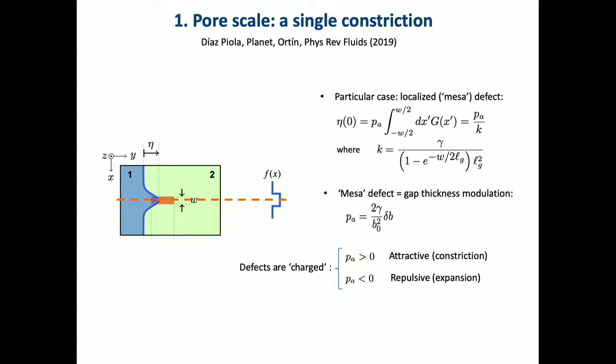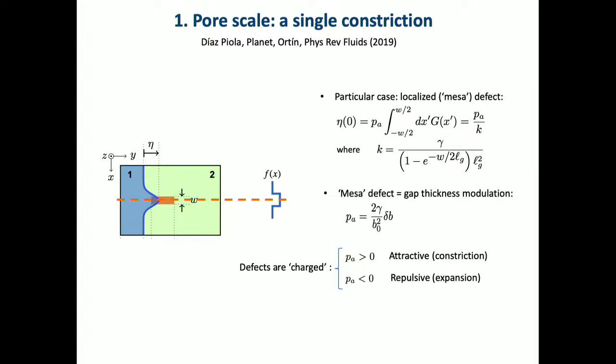P_A for this mesa defect can be approximated by that because this is just the surface tension divided by the first approximation to the curvature. So we plug it here, and the first thing we see is that P_A depends on delta b. So delta b is the thickness of the patch, how much the copper patch reduces the gap thickness of the cell.